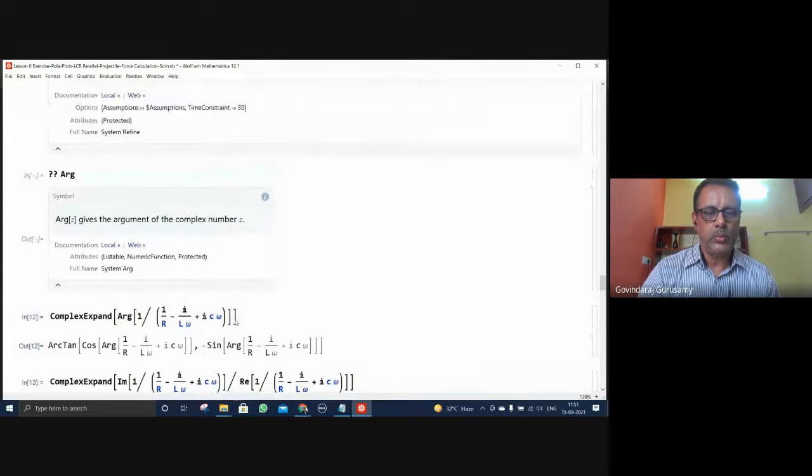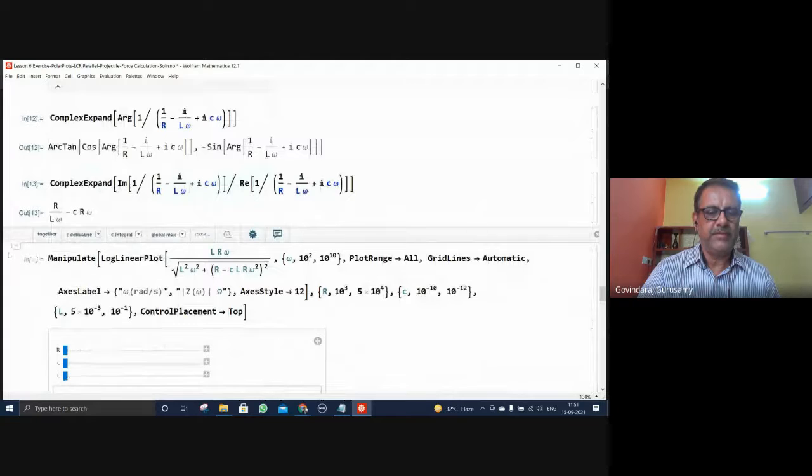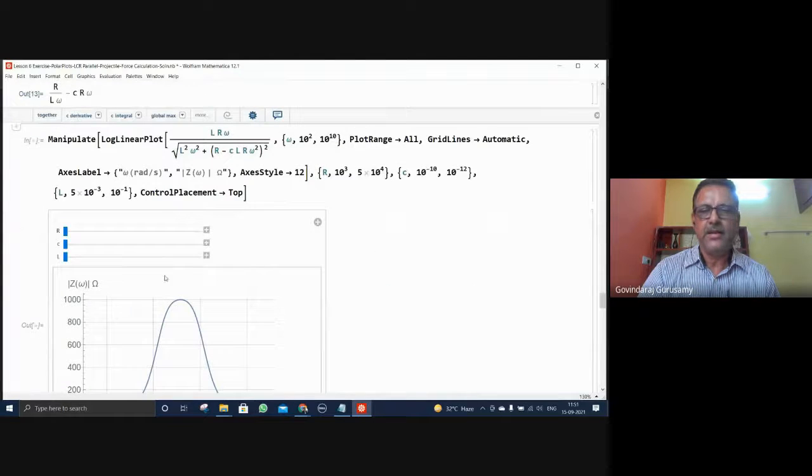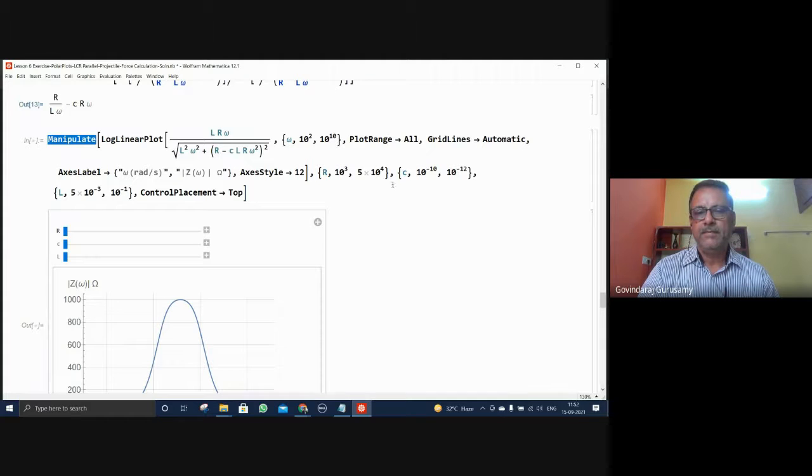Fine. Now we are going to make a log-linear plot of this and manipulate for other values. You can see that I'm going to cover the range of 10 power 3 to 10 power 4, 5 to 10 power 4. This is about 2 orders, and this is about 4 orders for inductance. When you are using Manipulate, you can see here this is bigger when compared.